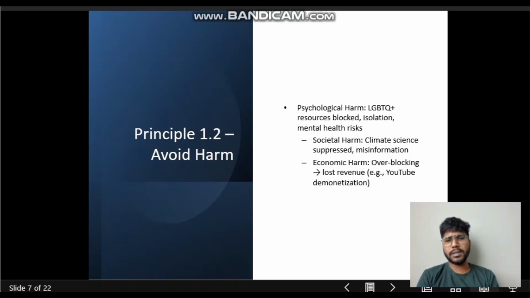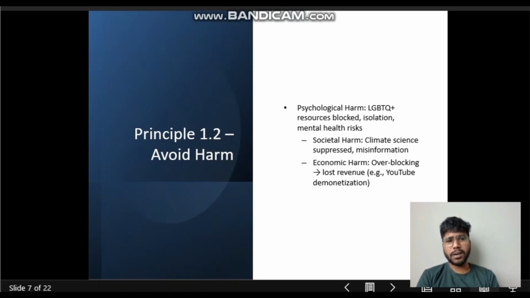Similarly, Blocker Plus overblocking of climate-related content could hinder efforts to address global warming, a crisis that affects us all, every single person.